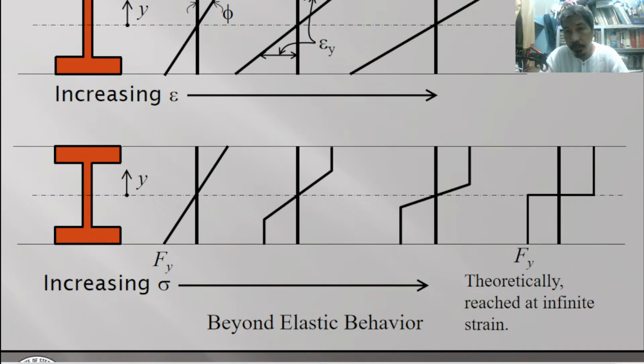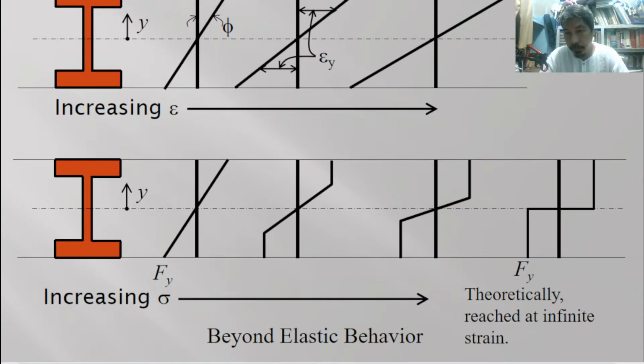So we have the following. The cross section: again, the farther away from the neutral axis, the larger the strain.